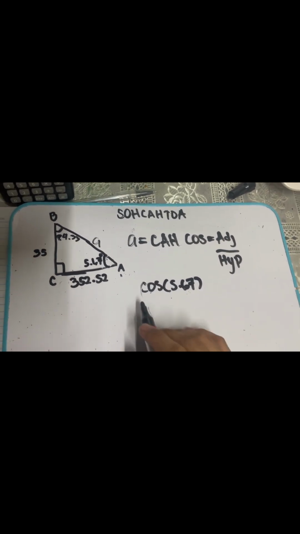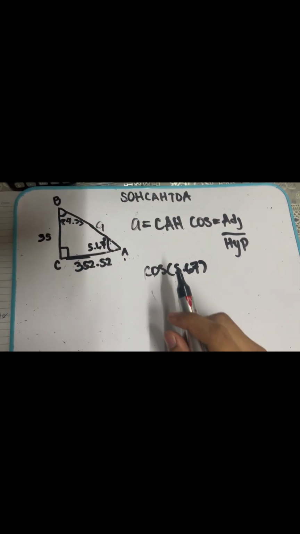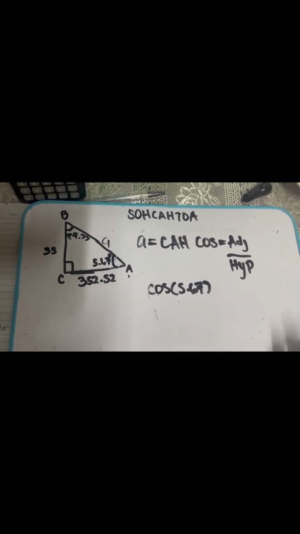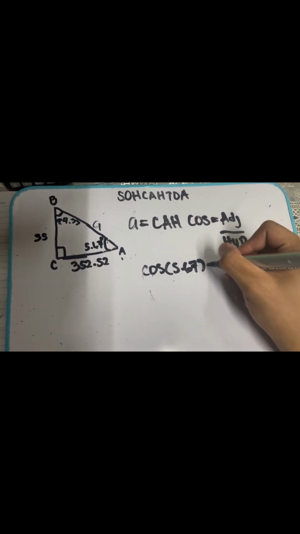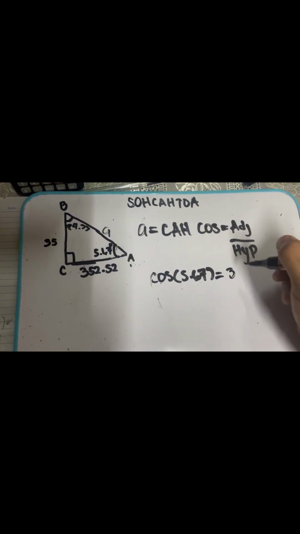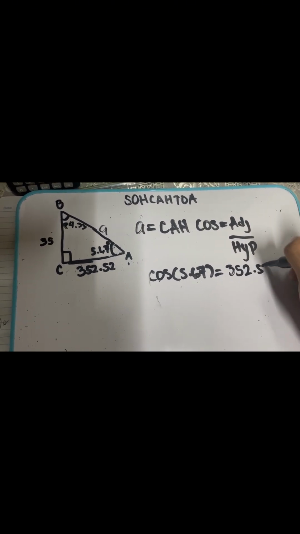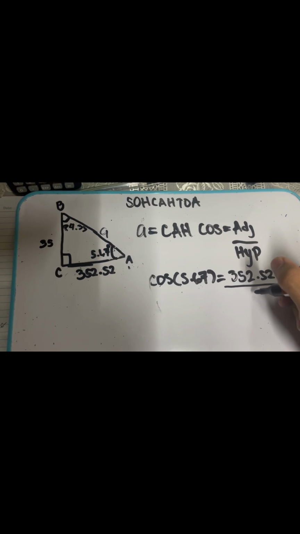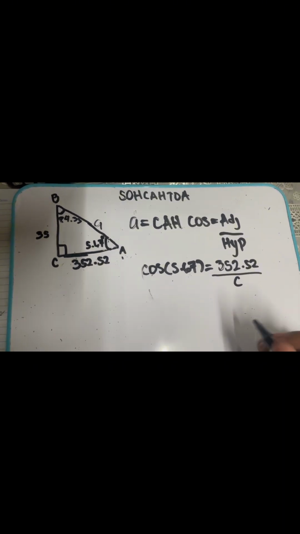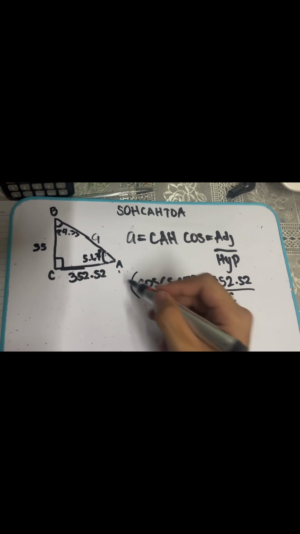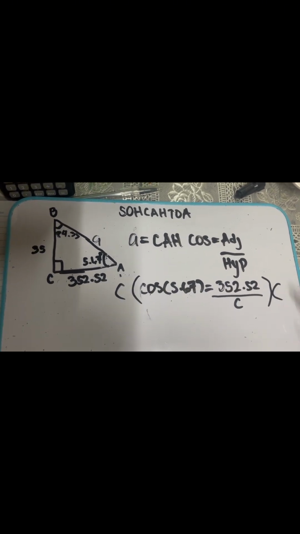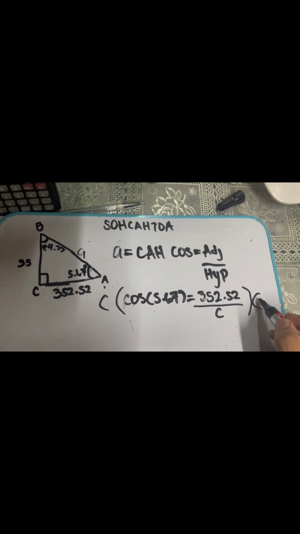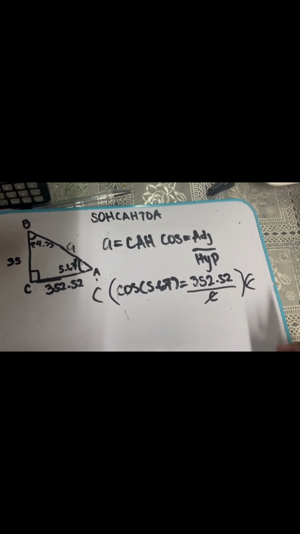This is still gonna be cosine theta, the one I've mentioned earlier, cosine 5.67, since we used the reference angle, and it's gonna be equal to 352.52, since that's the value of our adjacent, over C. So, as usual, we're gonna multiply both sides by C, and this is gonna cancel these out.